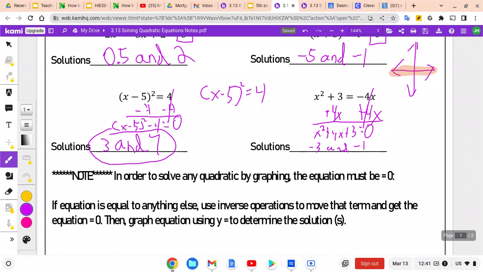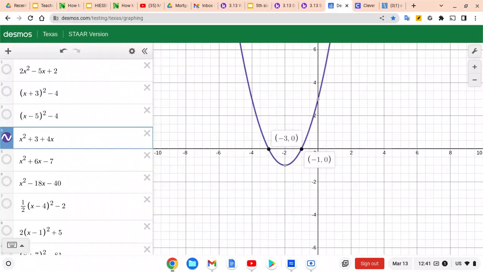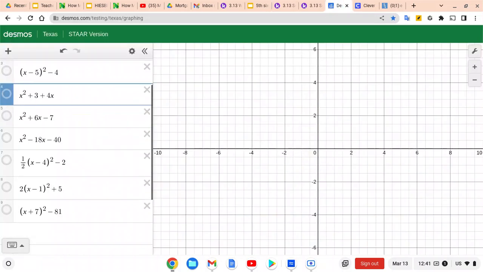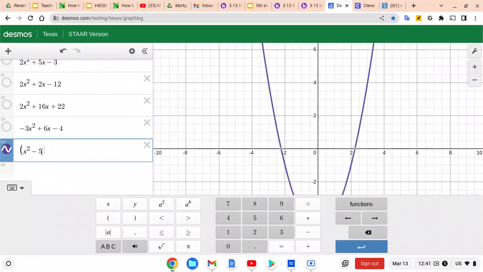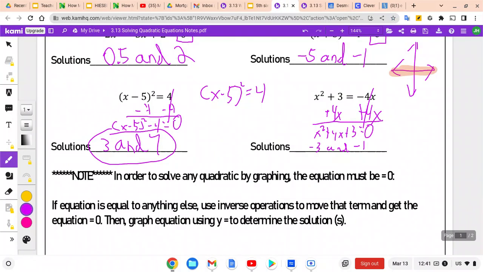Okay, so I come over to Desmos. And let's see here at the bottom. So I have x minus 5 squared. And then, okay, so instead of y equals x minus 5 squared, the y is a 4 here.